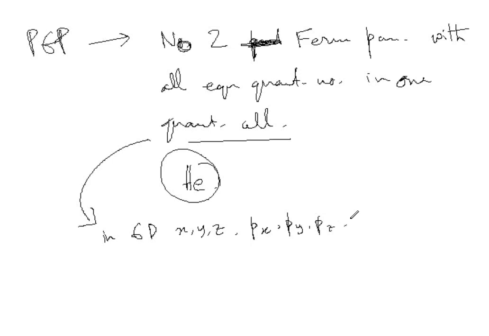For a quantum cell, the volume element in phase space is given by delta x, delta y, delta z into delta px, delta py, delta pz, which is equal to h cubed.